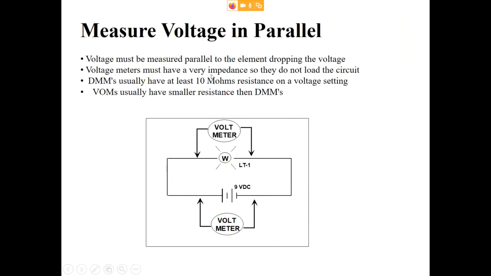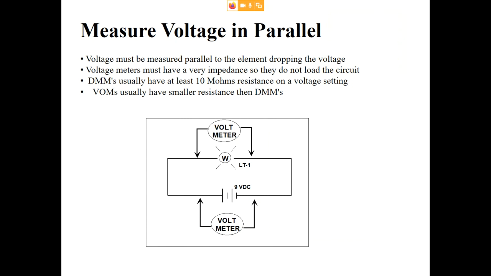All right, when we measure voltage, you need to connect the meter in parallel. So you take your voltmeter and you put the two meter wires, a positive meter wire and a negative meter wire, across the element you're trying to measure the voltage drop of.